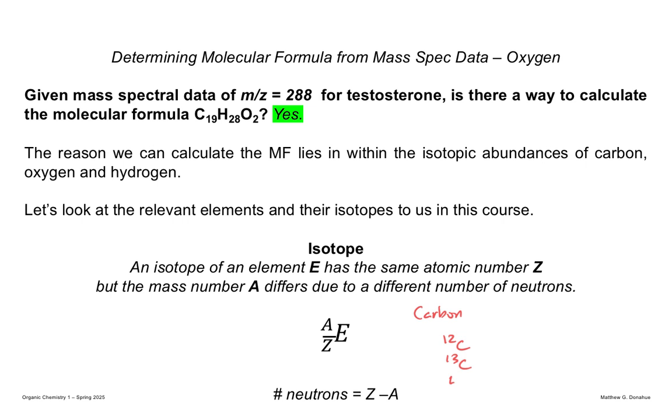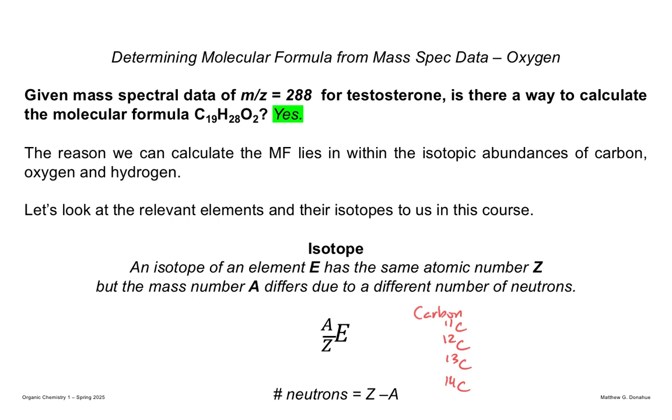The radioactive one is carbon-14, and that's lesser abundant. It's made synthetically. There's also another one, carbon-11. The radioactive ones, 11 and 14, we're not really going to talk about. So 12 and 13 are the ones that are pertinent to this discussion.